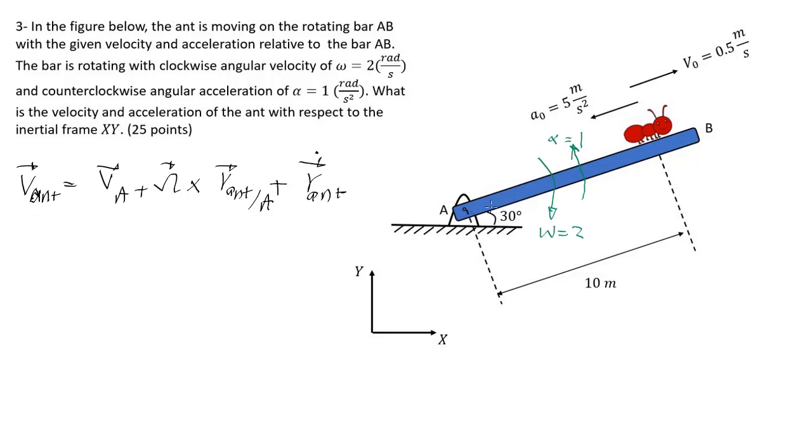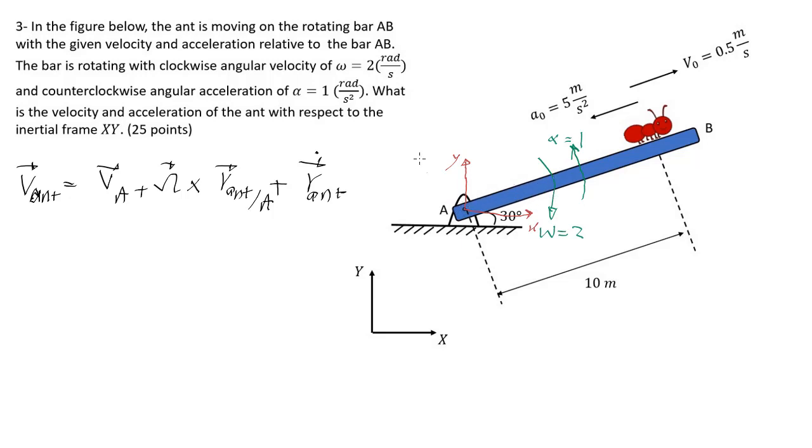We said that we are going to attach a rotating frame to this rigid body. So basically this is how we have considered this problem. So we can just attach the rotating frame here. This is small x, this is small y. This frame, its initial direction is just like this, and it is rotating with the angular velocity and angular acceleration of the bar.